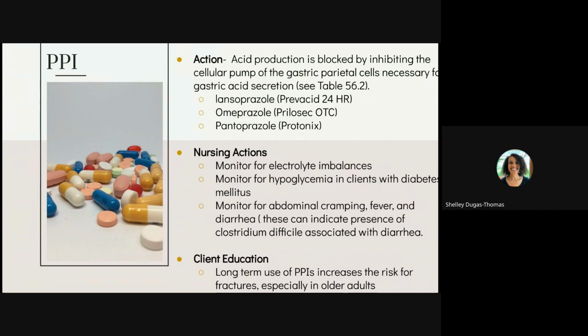So, nursing actions include monitoring for electrolyte imbalances, watching for hypoglycemia, especially in clients with diabetes, assessing for abdominal cramping, fever, and diarrhea, which may indicate a sign of C. diff. And client education should be, especially with those taking PPIs for a long term, this can increase fractures, particularly in older adults.